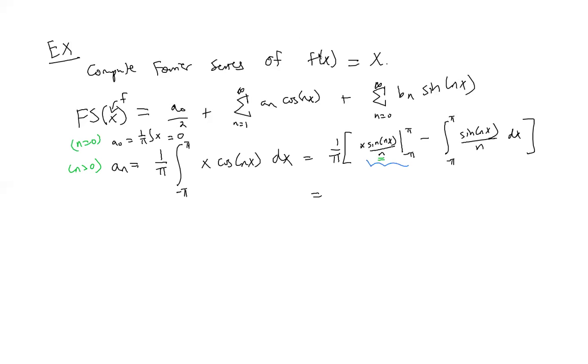Okay, so back to here. This is 0. And then the integral of sine of nx. Right, you can integrate this, you get a cosine, but what's an easier way to integrate this? An easier way is just to notice that sine here is an odd function. And whenever you integrate an odd function from negative L to L, you're going to get 0, because sine is an odd function.